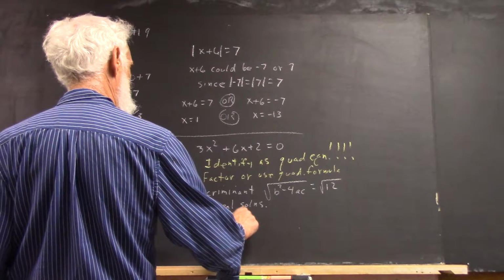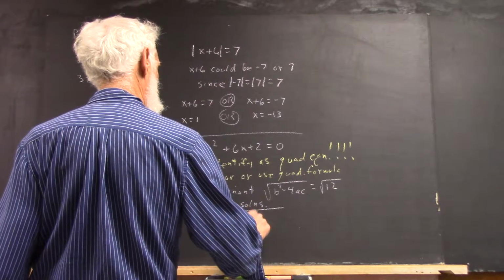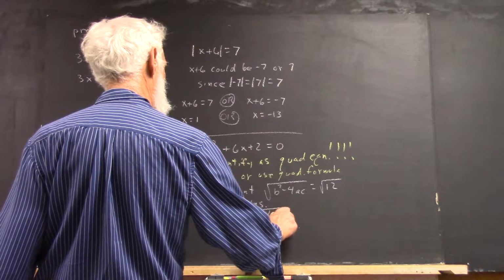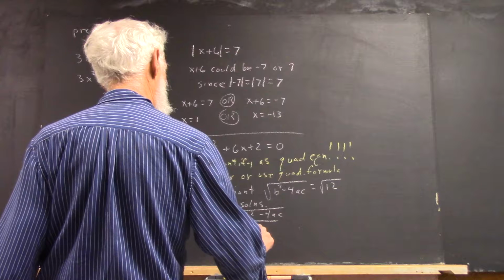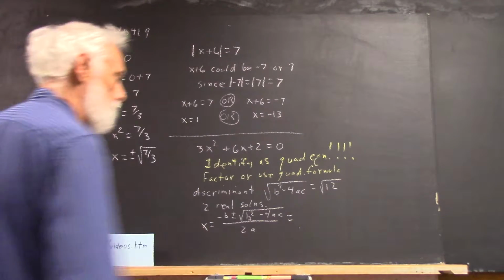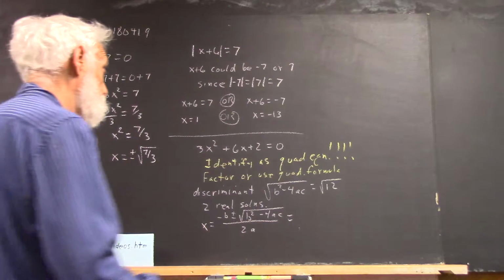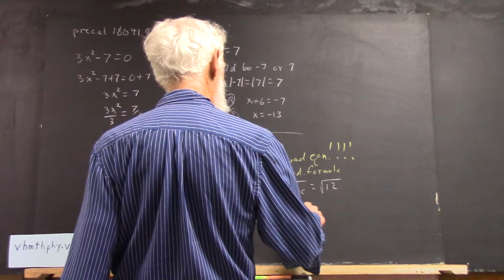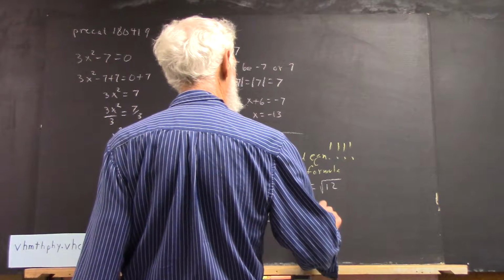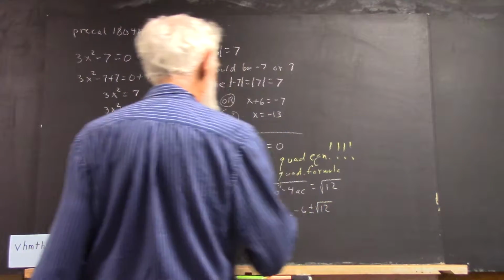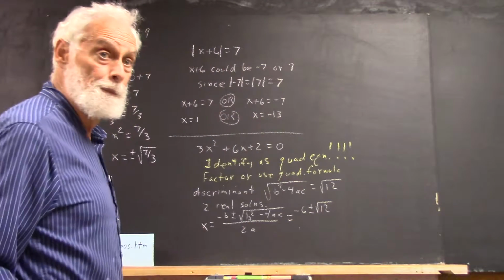How many zeros? 2 zeros? And I find the real zeros. Okay, there it is, right? So that's negative 6 plus or minus the square root of 12, because I've already calculated that, right?